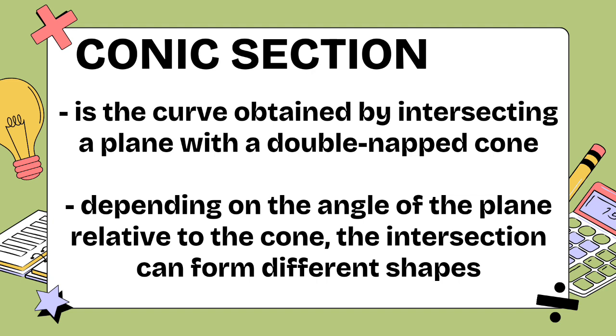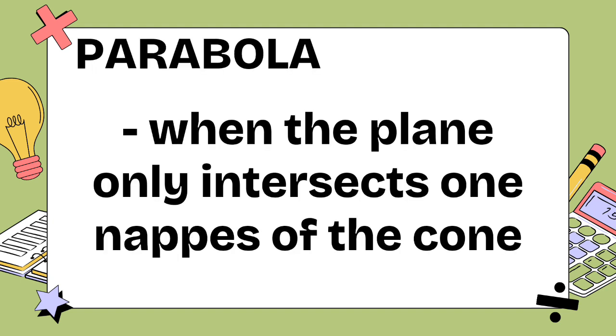And yes, we are going to discuss each shape that can be formed depending on the angle of the plane. So without further ado, let's begin with the first shape to be formed, and it is the parabola.